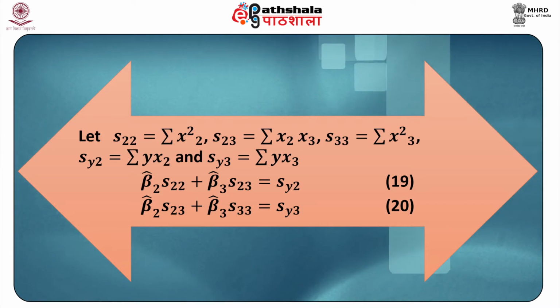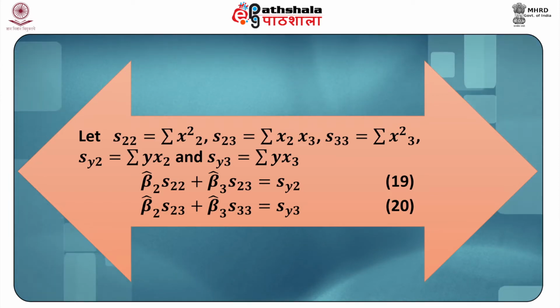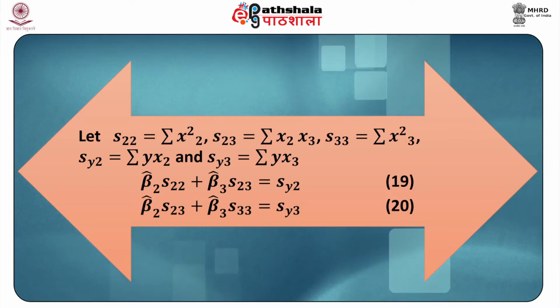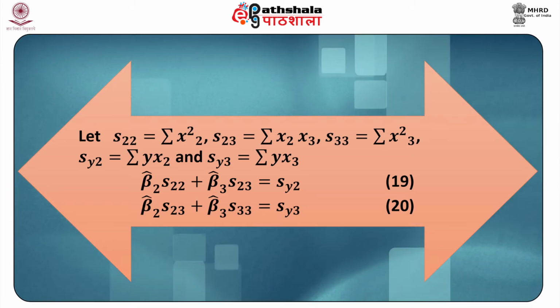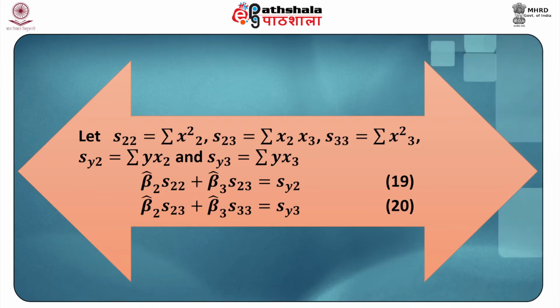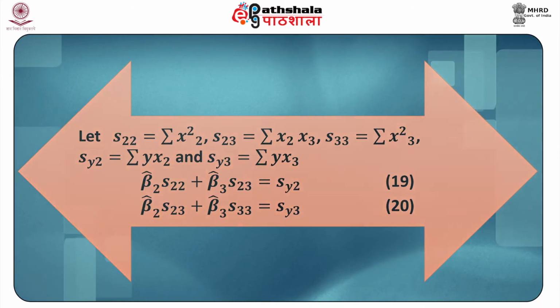These are just abbreviations which we are using. Then we obtain beta 2 hat into s22 plus beta 3 hat s23 equal to sy2, and we can denote it as equation 19. Similarly, we also obtain beta 2 hat into s23 plus beta 3 hat s33 equal to sy3, and this is our equation 20.